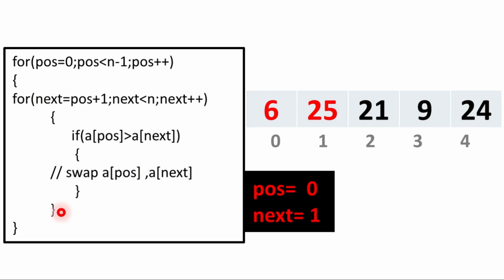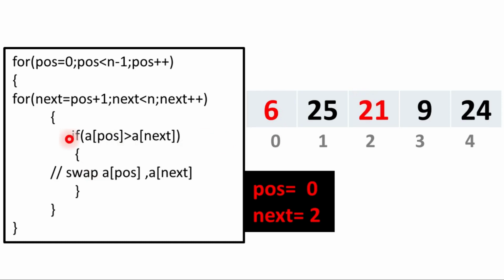You already know that as long as your inner loop condition is true, we cannot come outside of this inner loop. Once we come out of the inner loop, we get back to the position again to increment the position. So now next is incremented by 1, the next will become 2. Position is 0, next is 2, so 6 is compared with 21.